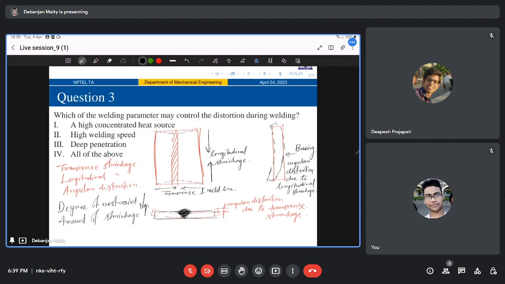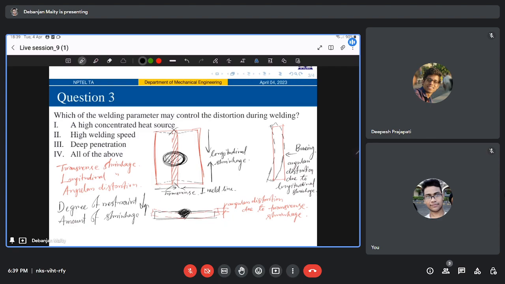Since the amount of restraint almost always varies along the length of the weld, the transverse shrinkage can also vary along the length of the weld. Normally this transverse shrinkage is greater in the center of a weld pass or run than near the ends. So it is always greater in the middle portion compared to the end portions.